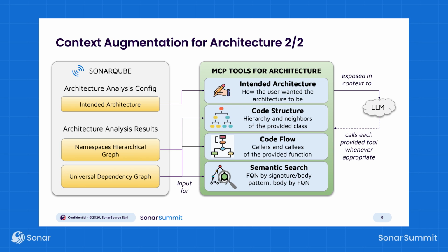And building the right thing is about code structure, code flow, and semantic search. So the hierarchy of the project, of a provided class, the references, the code flow, so what is calling what, and then a feature of semantic search, which allows the LLM to search for a specific method or classes or fields by patterns, and these return a fully qualified name of those objects, which are really specific to the code and to the object which is being retrieved.